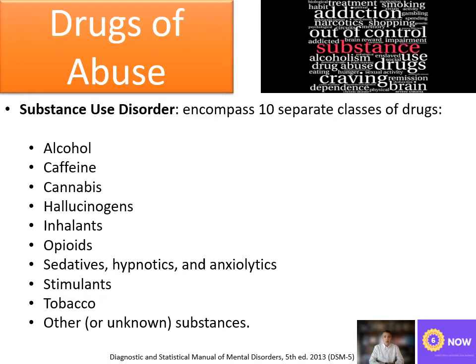We're currently in an opioid epidemic here in the United States. And that's on the forefront of a lot of people's minds and providers' minds in terms of how do we effectively and adequately treat pain and avoid the physical dependence and addiction potential of those opioids that our patients may be using.